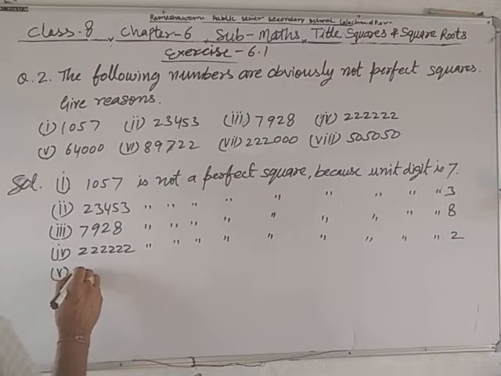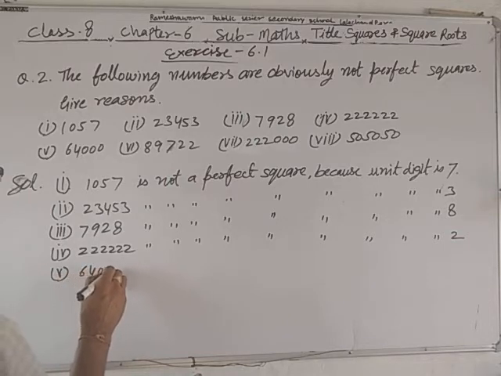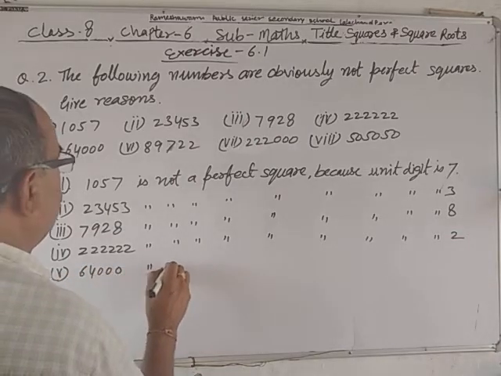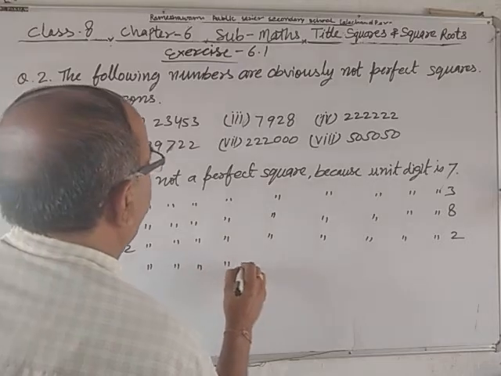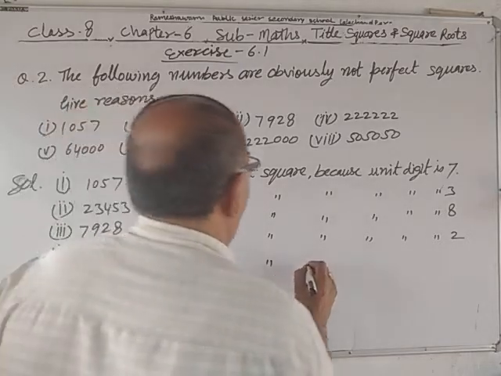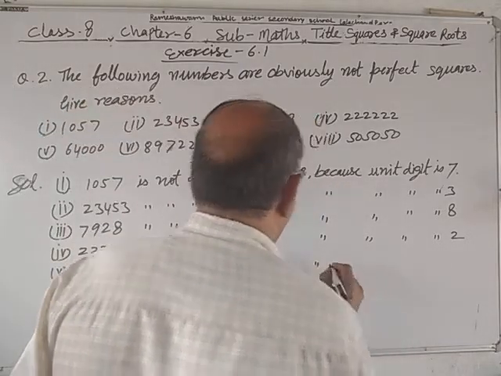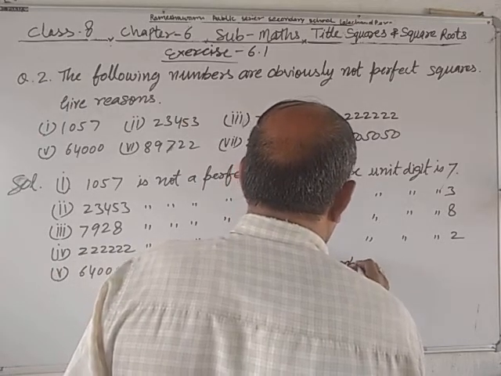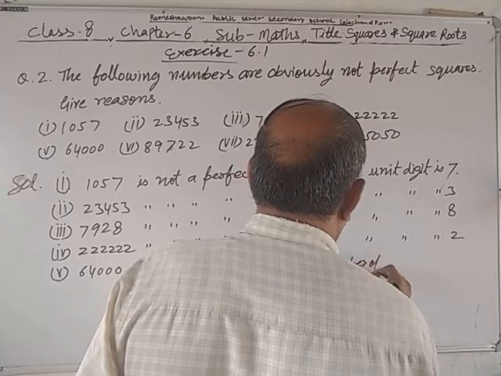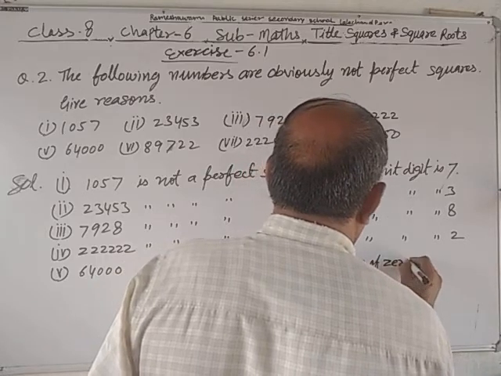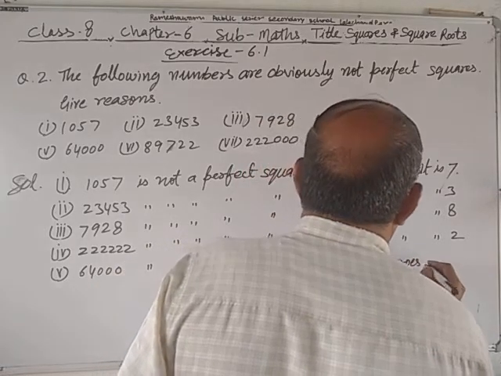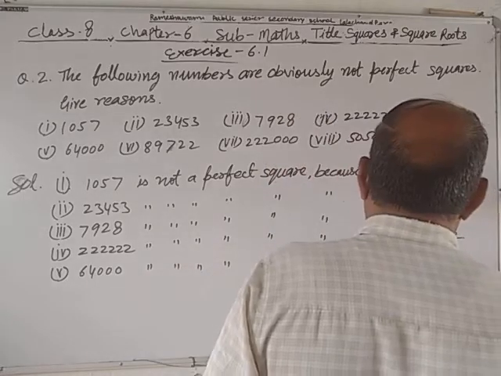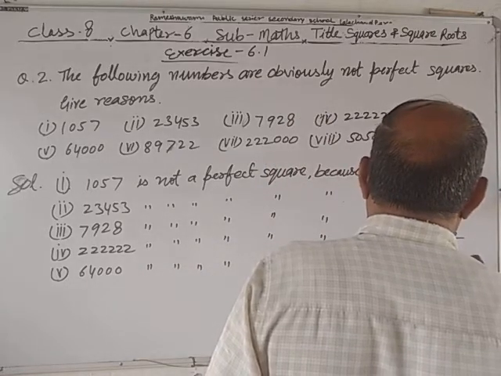Fifth, 64000 is not a perfect square because the number of zeros is odd.